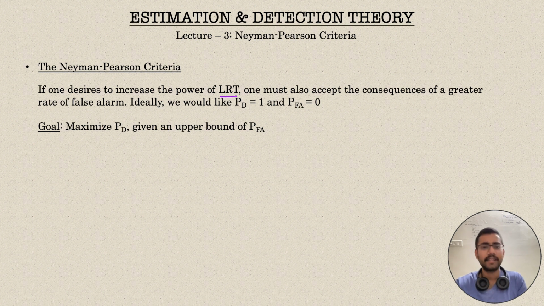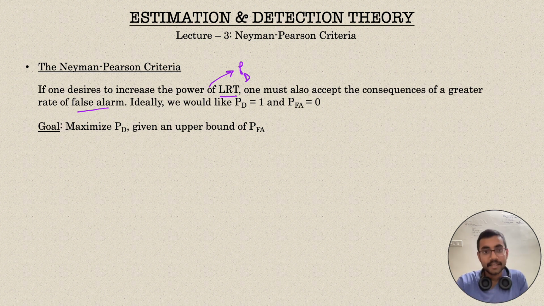You can just say that it's the power of a detector. The detector would be defined by the probability of detection. This is the power we have seen in the last lecture. Now if you desire to increase the power, we also should accept the consequences of a greater rate of false alarm. I mean the P of FA will also increase and we need to accept the consequences of it. Okay, so with power comes responsibility.